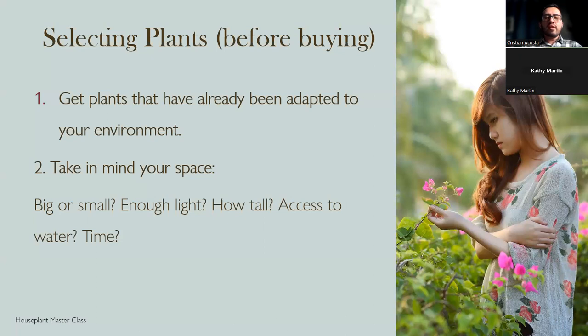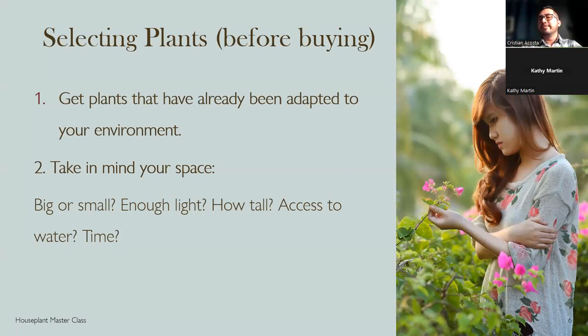The second tip is to keep your space in mind. Is it big or small? Is there enough light? How tall is the space? Because you can get a small new plant, but actually it's a coconut plant, so it's going to grow a lot, vertically. So we need to think first about our space in order to get a new plant for our house.